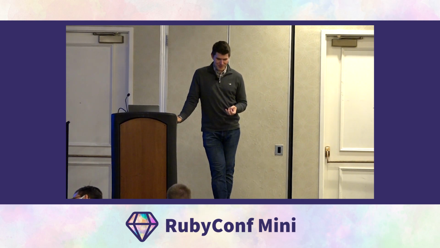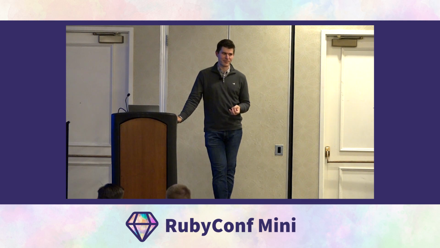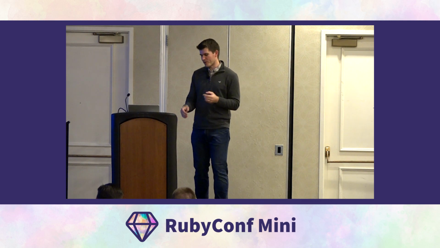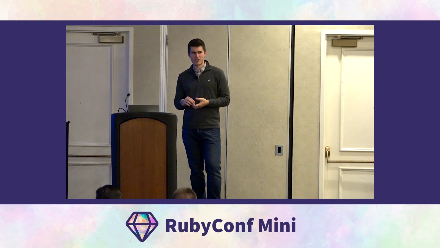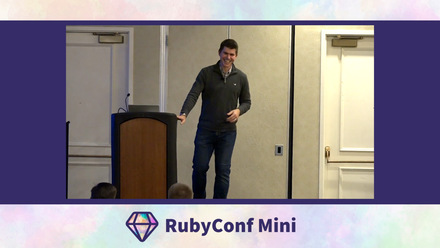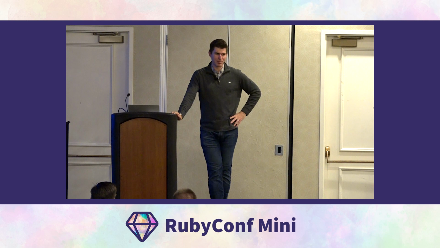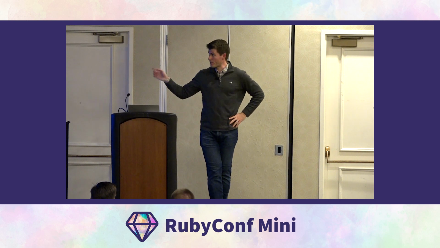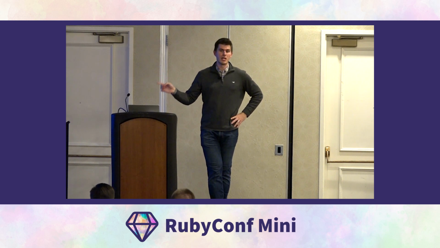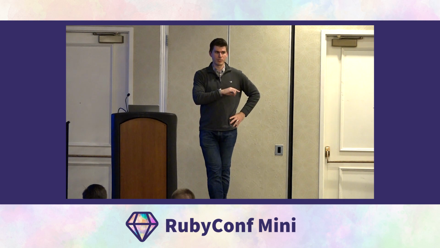It's a great question. The question was, are we stuck with Ripper being the parser for syntax tree? No, the answer is no, we are not. In fact, there is a project going on at Shopify to rewrite the Ruby parser, and I'm doing that. The goal is to replace the Ripper parser that is being used to generate the syntax tree nodes with this new parser, which should be much more efficient, error-tolerant, portable, maintainable.